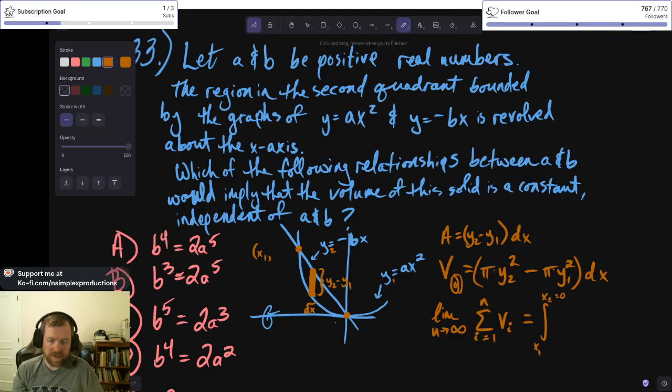Can't use y1 either because I just used that for a function.